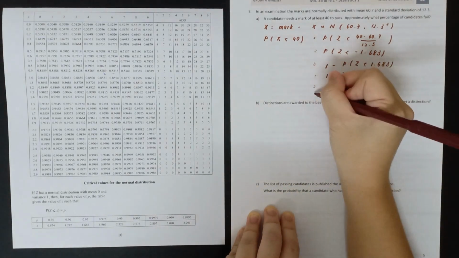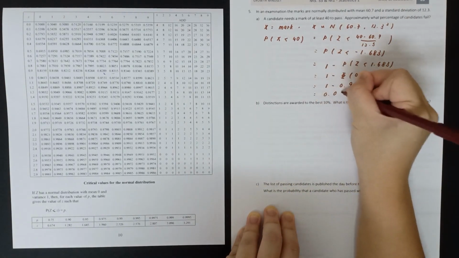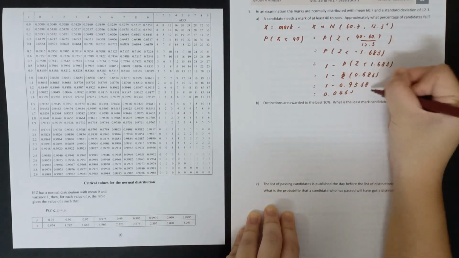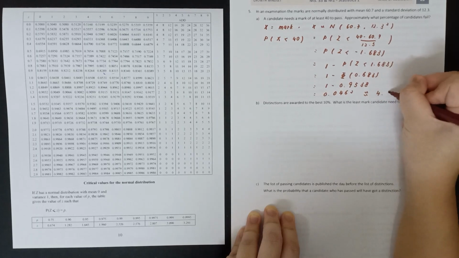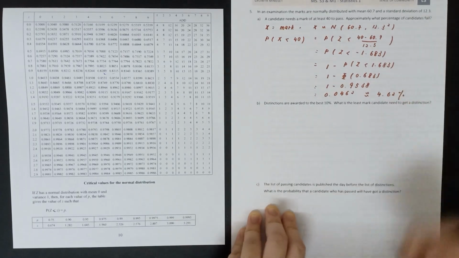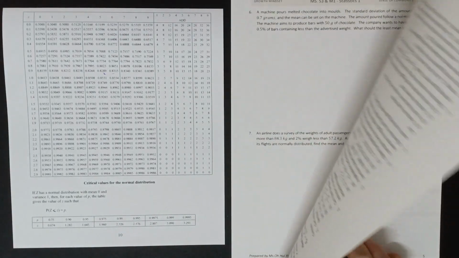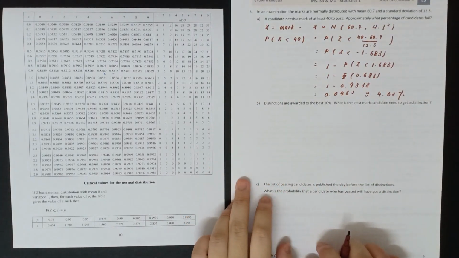Okay, so that will give me 0.0462. This one they want a percentage, so roughly 4.62%. Okay, so this is how I get my answer. Alright, so go for B.